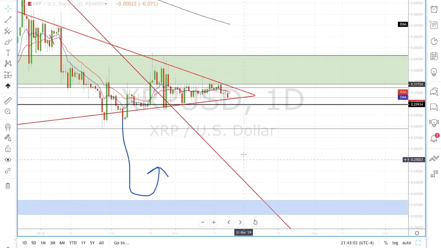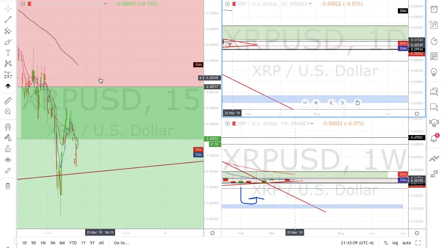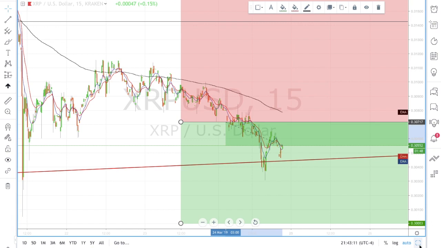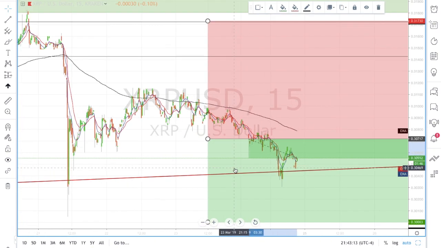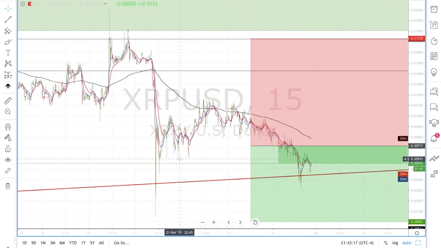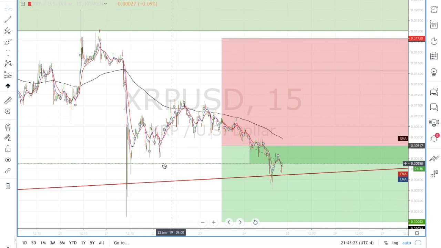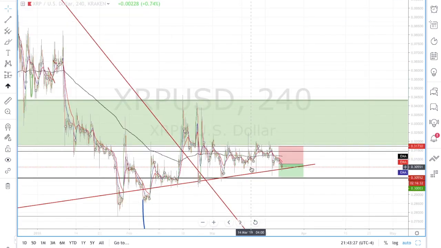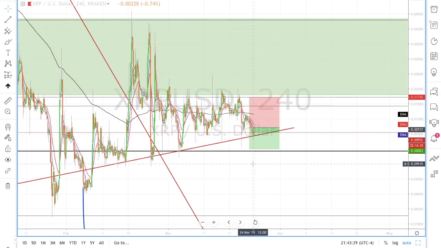Just for maybe the next few months, this drops the whole way down, and then I do believe it's going to reach that $3, that $4 mark, and more in the future. But why not take advantage of this bear run? Because once it reaches that 20 cents level, that is when we're just going to start skyrocketing from there. But going on to the 4 hour chart first before we do anything.